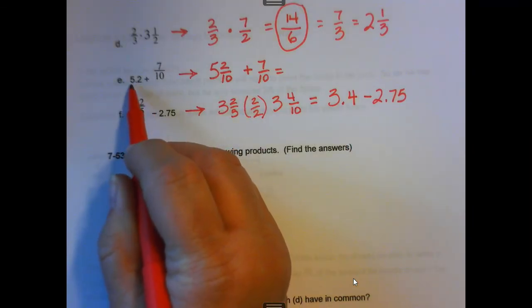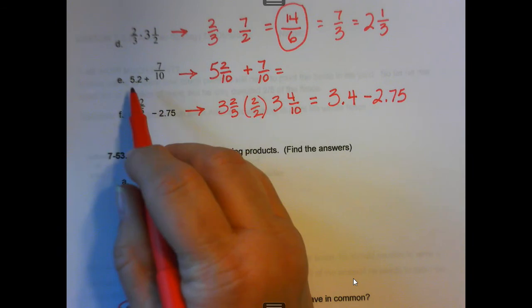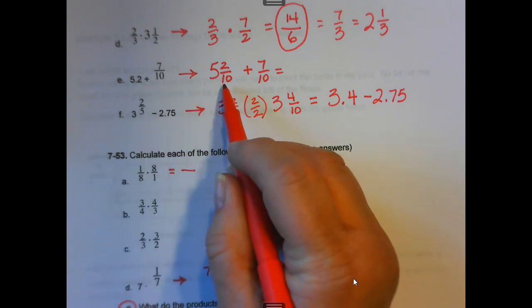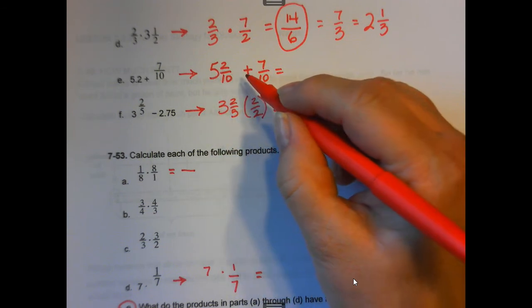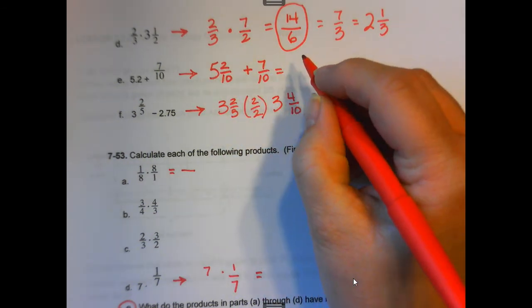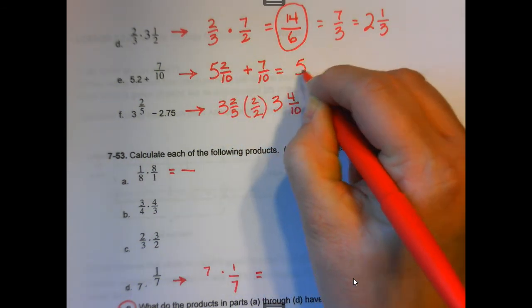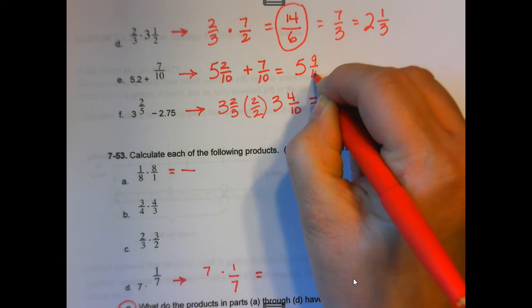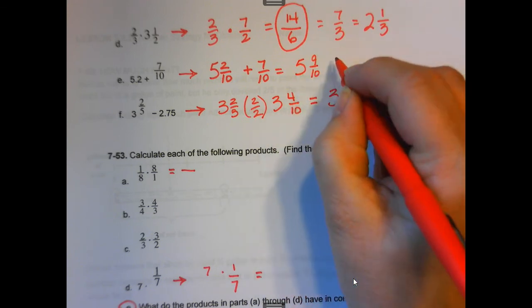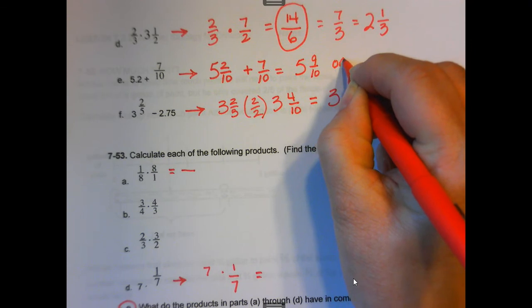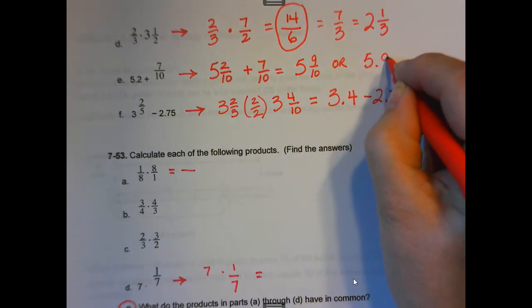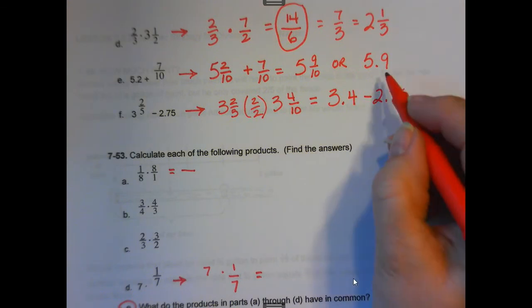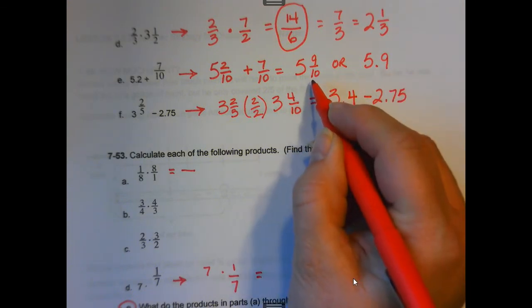If I read this 5 2/10, I can either write it as a decimal or write it like I did right here. And 5 2/10 plus 7/10 is going to give me 5 9/10. I can write it as a mixed number with a fraction, or as a number that has a decimal place.